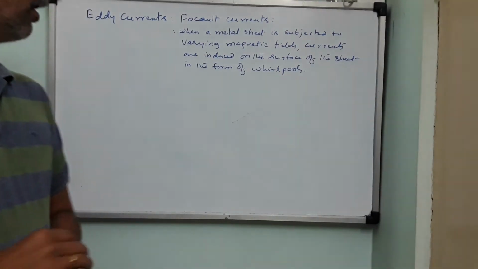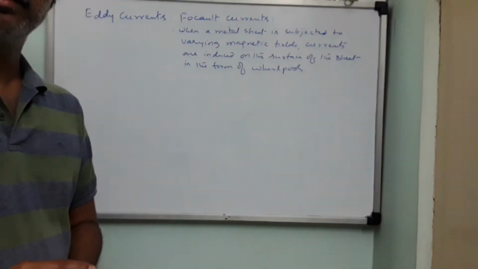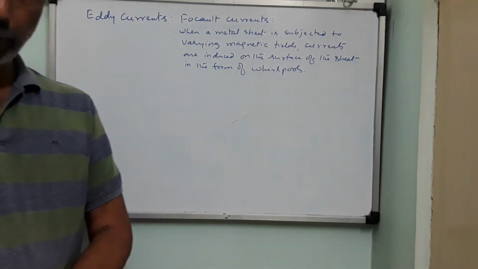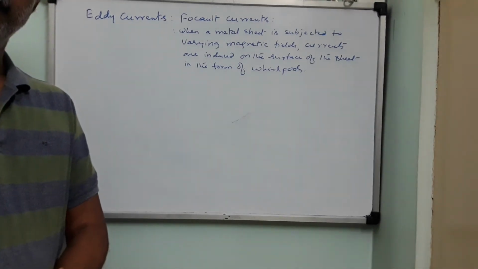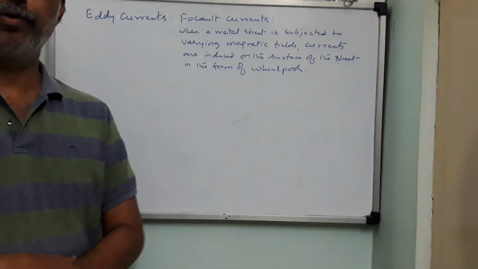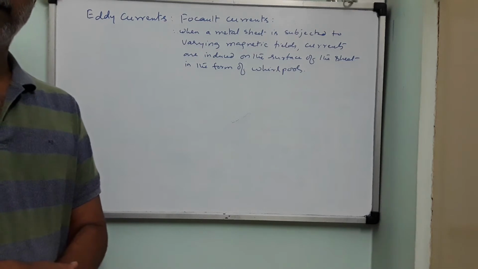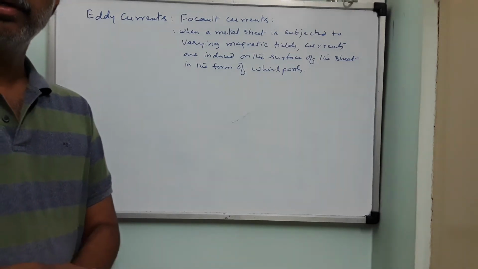Now these currents are sometimes desirous and sometimes non-desirous. For example, we have transformers. A transformer consists of two coils, primary and secondary, both wound on a soft iron core.